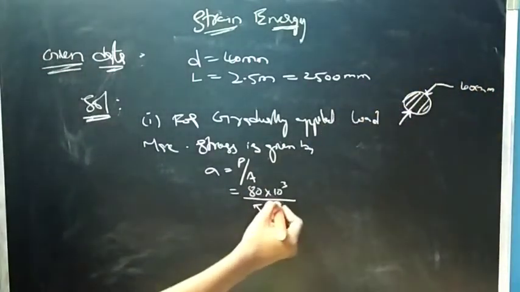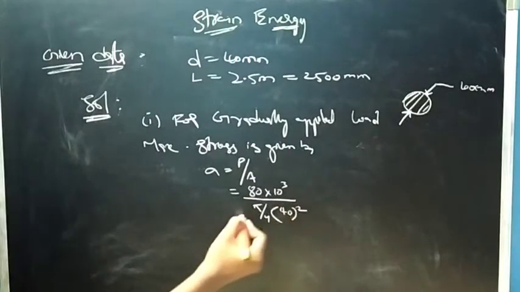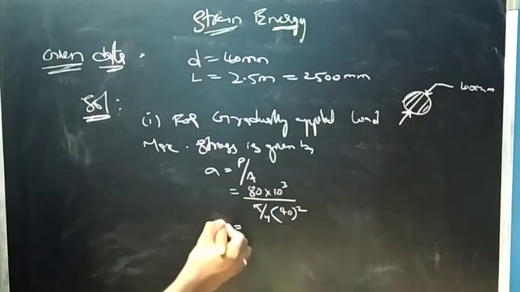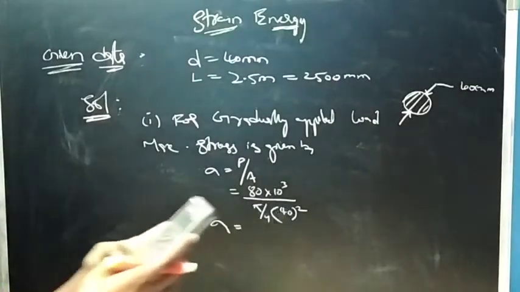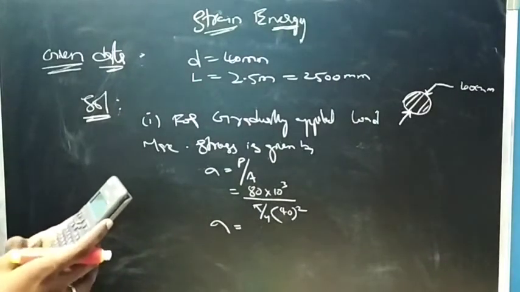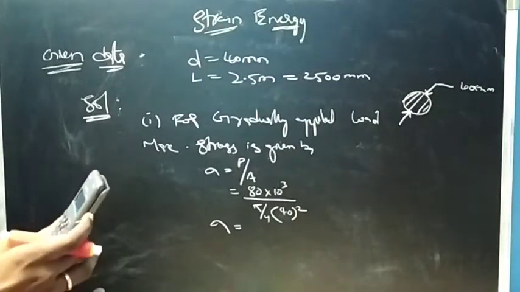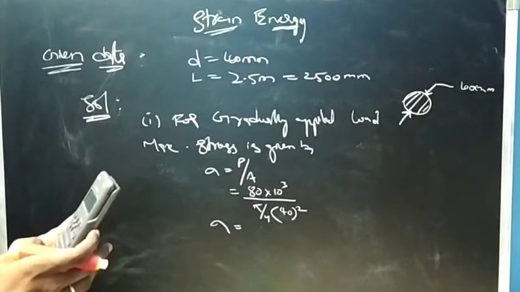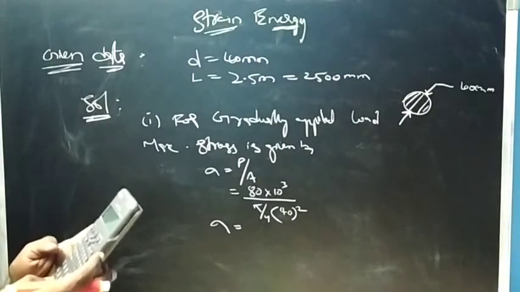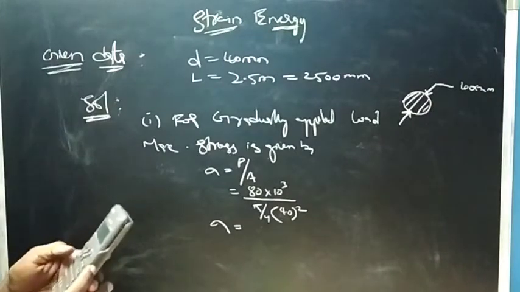So put the values here: 80 into 10 to the power of 3 divided by pi by 4 into 40 square.